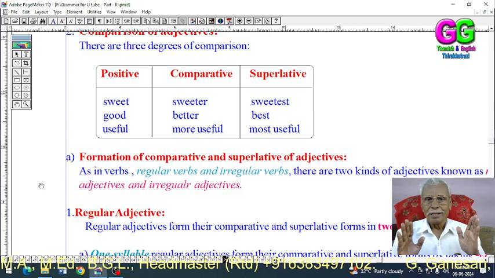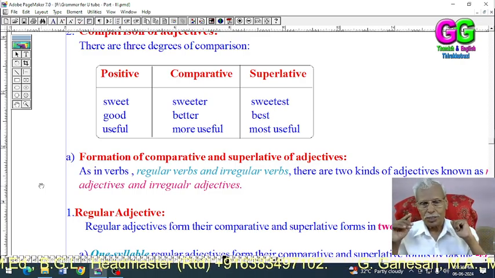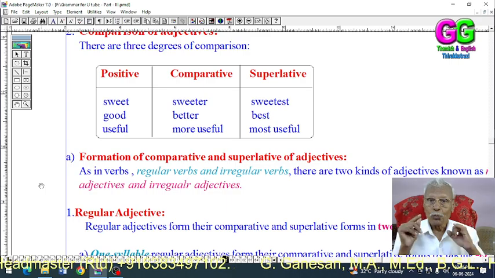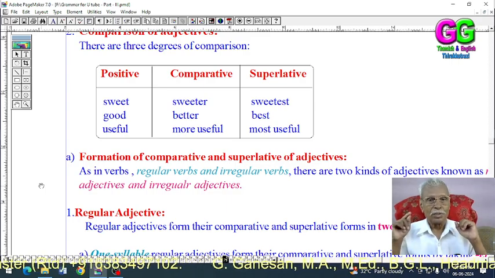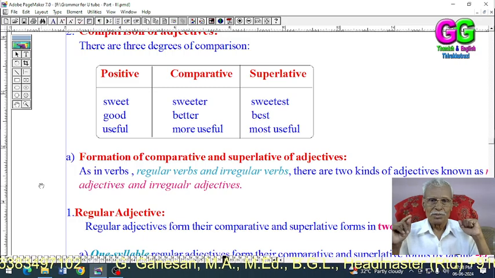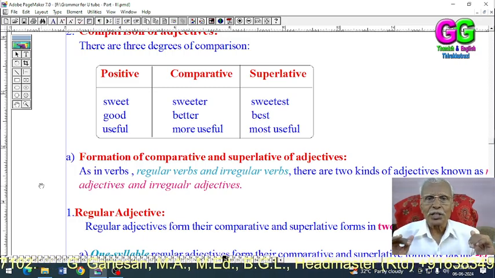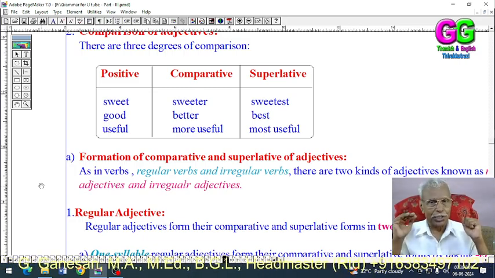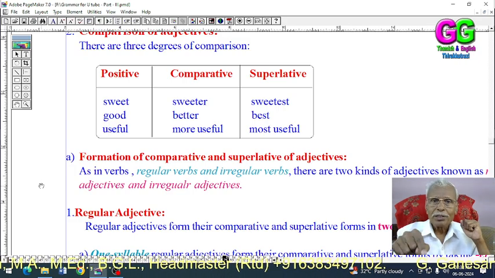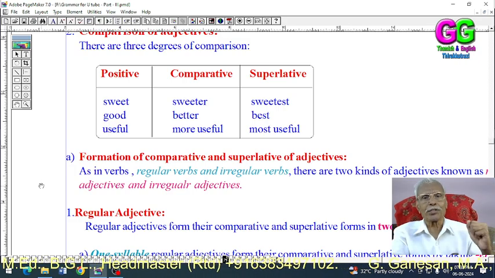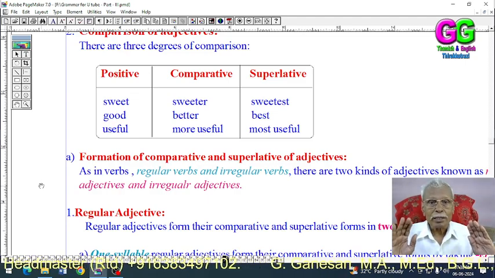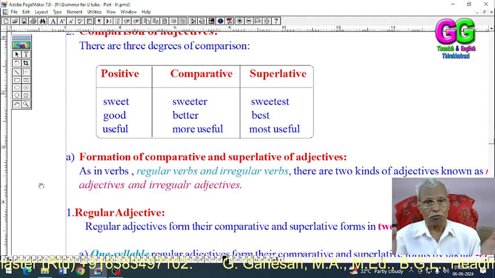Like that, in the formation of degrees, there are 2 kinds of adjectives. One is a regular adjective, another is an irregular adjective. First let us see how the regular adjectives form their comparative and superlative forms.